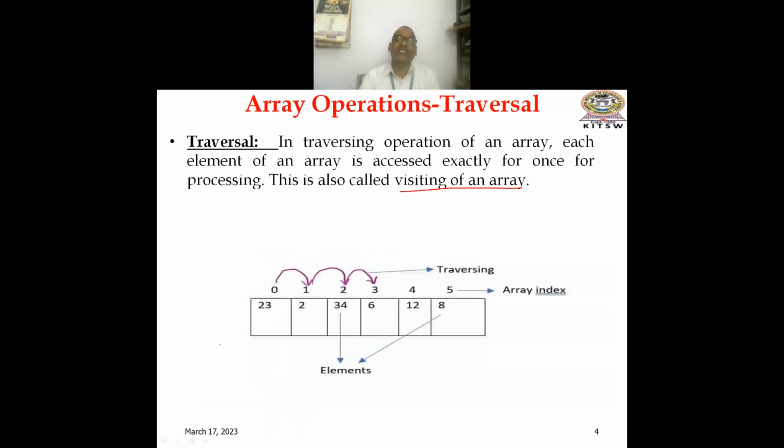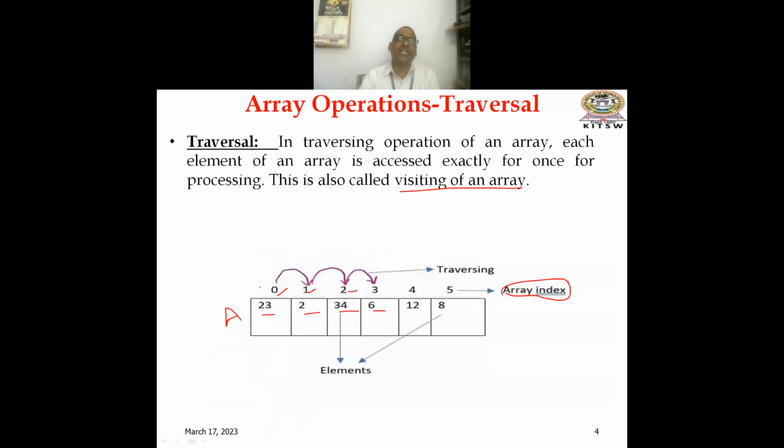For example, consider an array A, and these are the indexes 0, 1, 2, 3, 4, etc. These are the array index values, and here these are the elements 23, 2, 34, 6, etc. These are the elements within this array. Traversal is nothing but visiting each and every element.